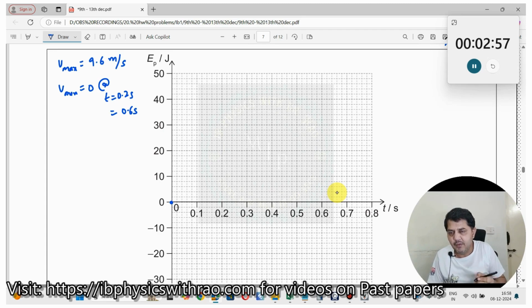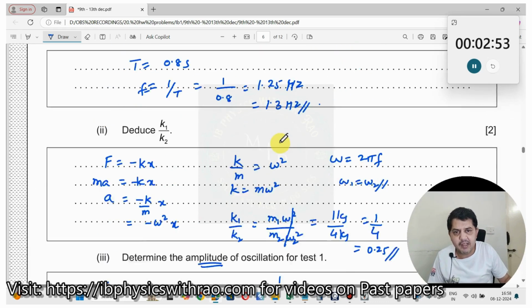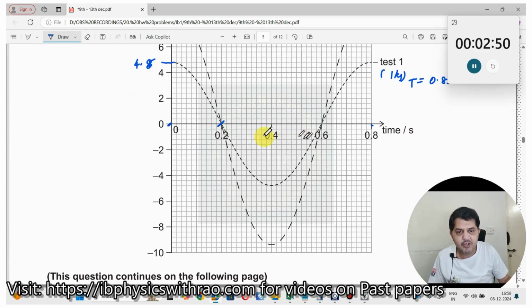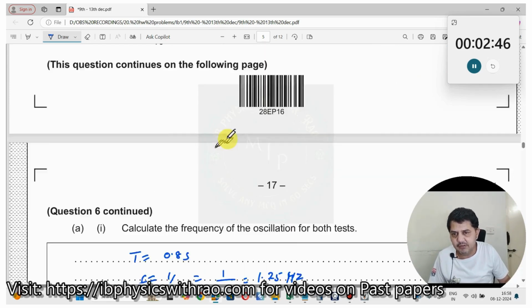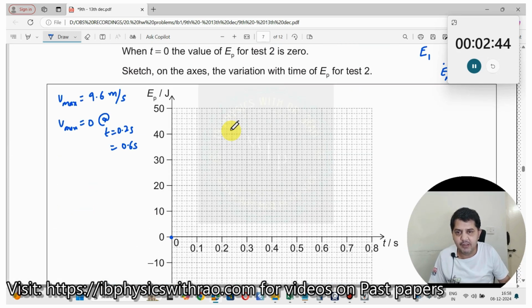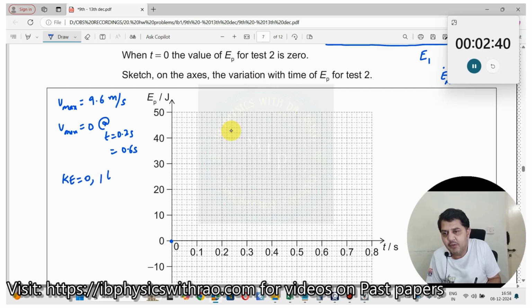Now, what is the total time period? Total time period is 0.8 seconds. So when kinetic energy becomes 0, potential energy is maximum. When can kinetic energy become 0?